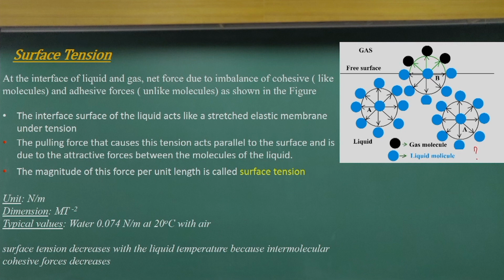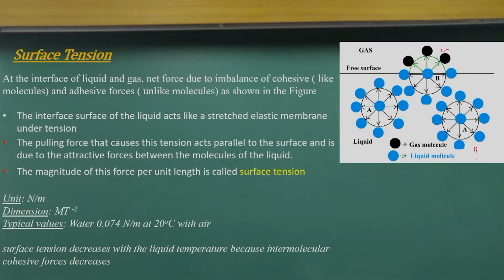If the cohesive force is much larger than the adhesive force, the molecules at the surface experience a net imbalance force, a pulling effect from the cohesive bonding forces. So the surface acts like an elastic membrane: you stretch it, give a force, and the net force is larger. It is like a stretched elastic membrane under tension.